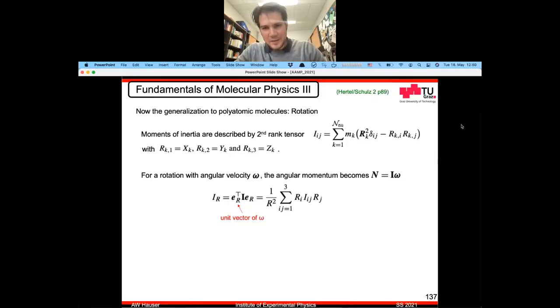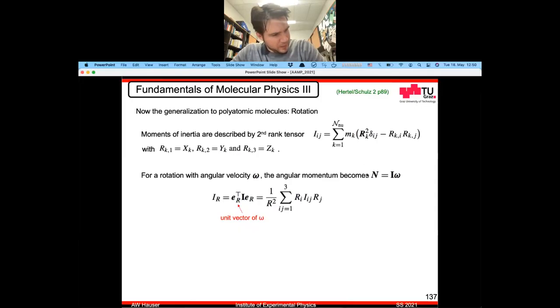And so if you write down this tensor, I with indices i and j, then it has on the diagonal the sum over k of m_k times r_k squared, and then these coupling terms, the non-diagonal terms, which are these products. Okay, so that is the connection between our rotation described by the vector omega and the angular momentum here written as n.